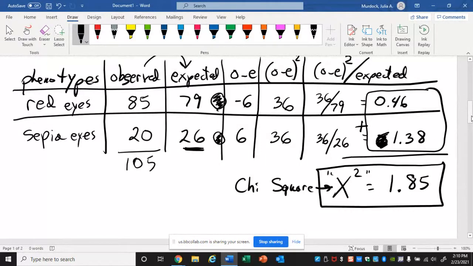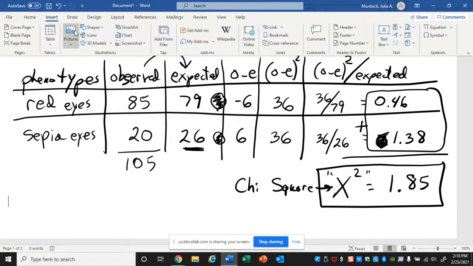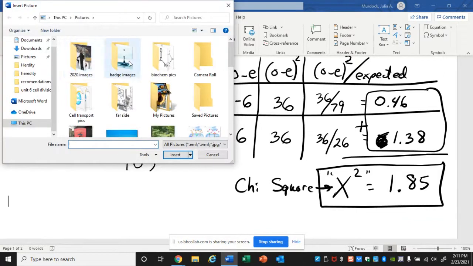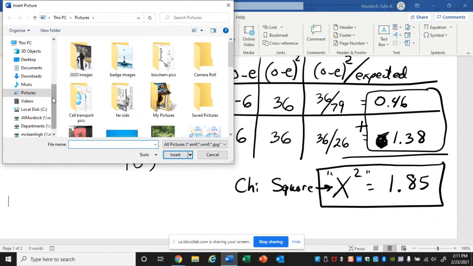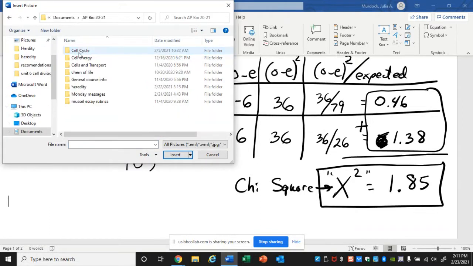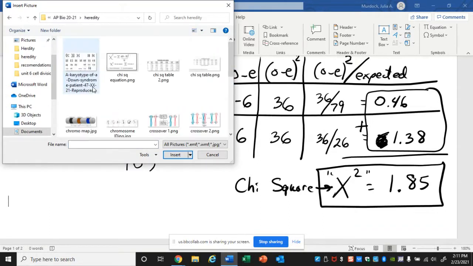Now, that doesn't mean anything unless you compare it to a table. So now, if you'll excuse me, I think I can do it right here. Sorry, I should have done this before. I can find it here. I'm actually organized.